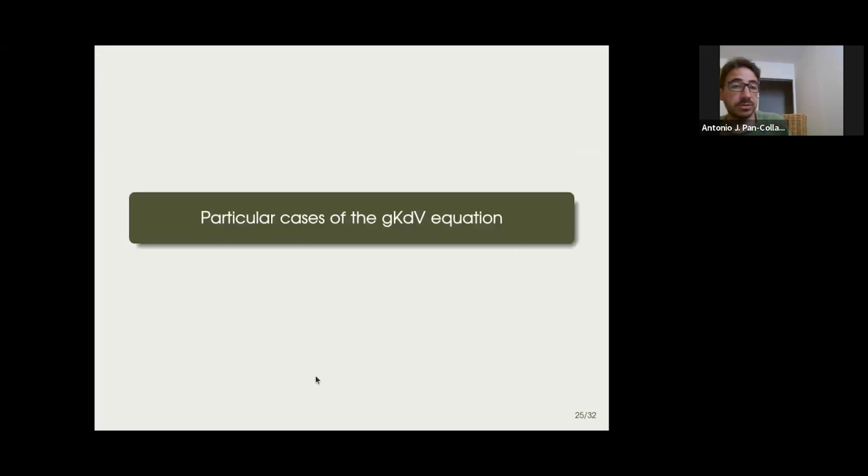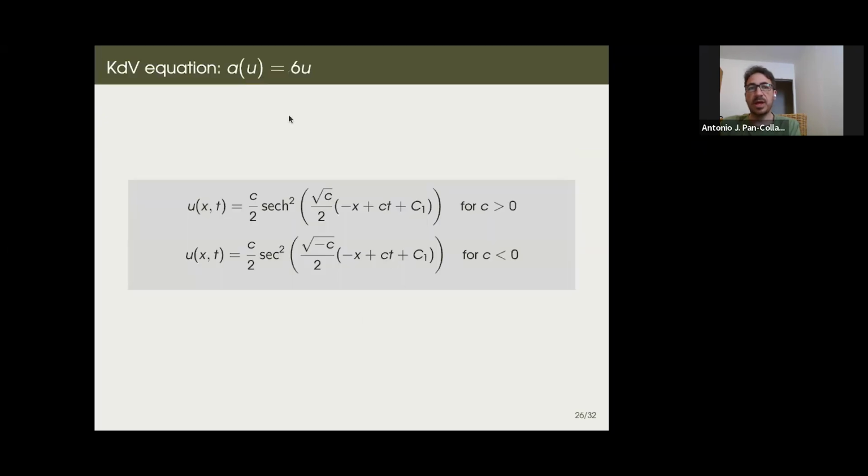So we are now going to see particular cases of the gKdV equation when we choose particular A. For example, if we start by taking A equals 6u, with which we recover the original KdV equation, we have these 2-parameter families of solutions which are well known.